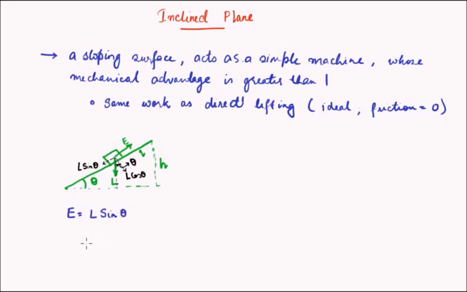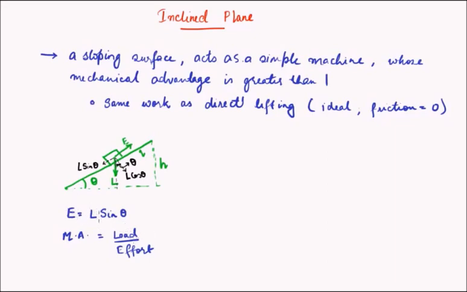Now we know that mechanical advantage is defined as the load upon the effort. This is the basic definition of mechanical advantage. Now if we compare this with this, L is the load, E is the effort.